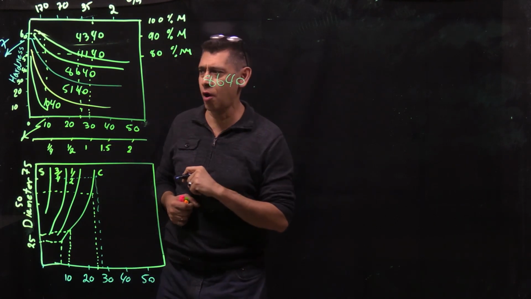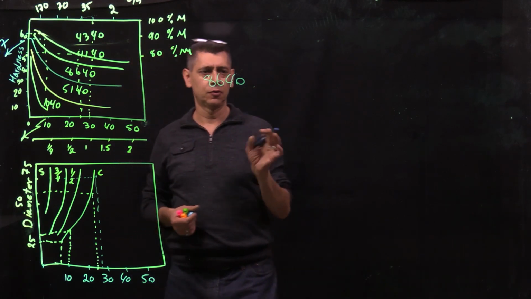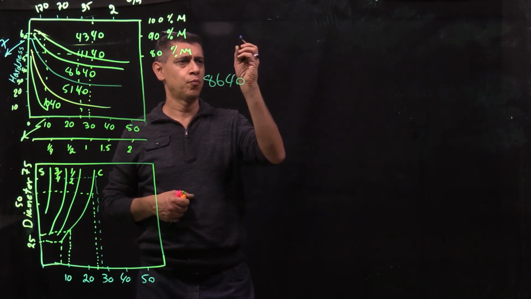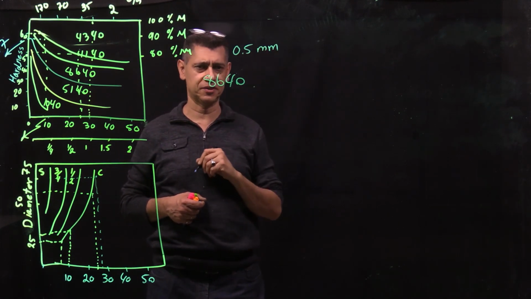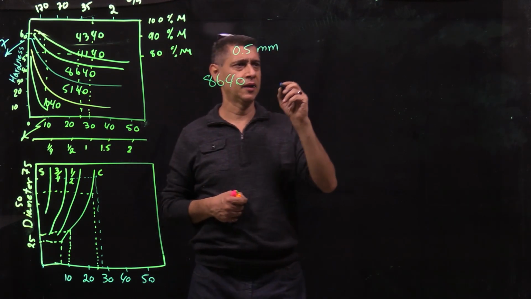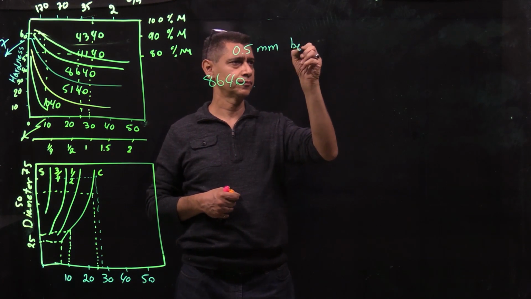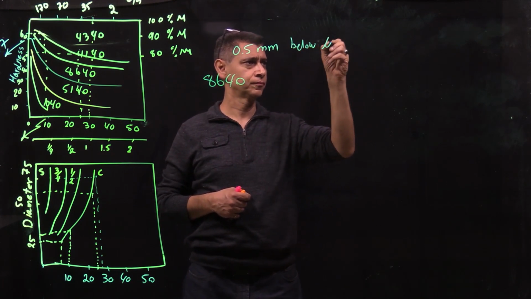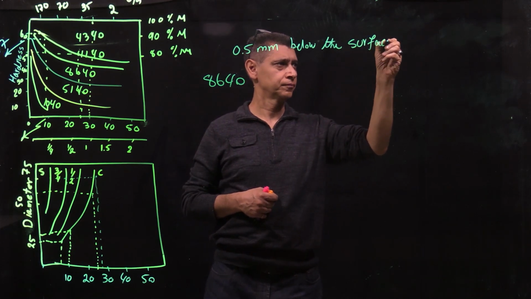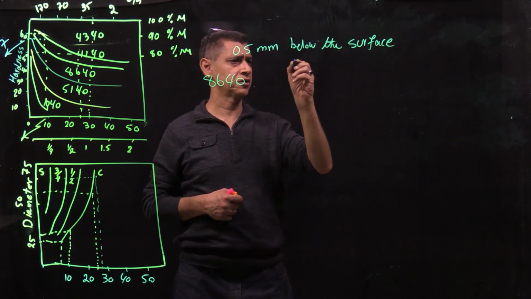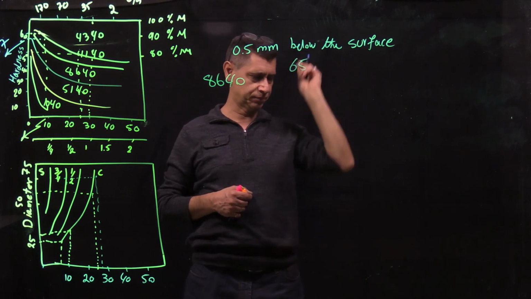The only problem is that the question says 0.5 millimeter below the surface, I want to have a hardness of 65, or very high hardness.